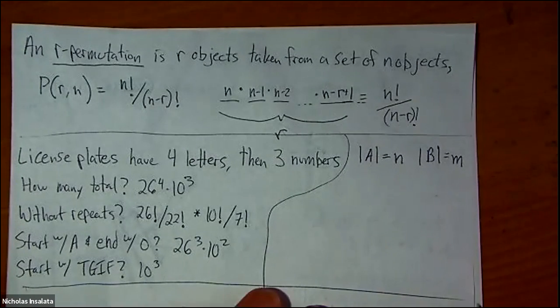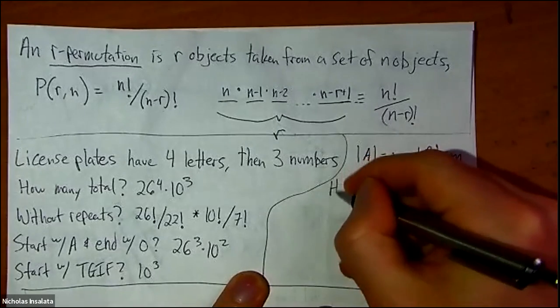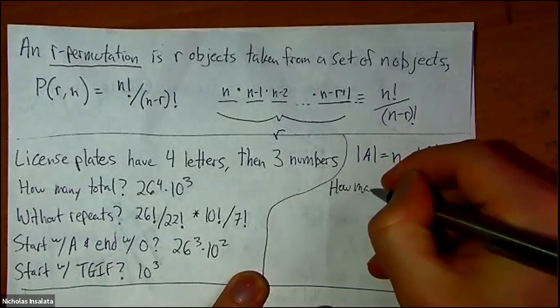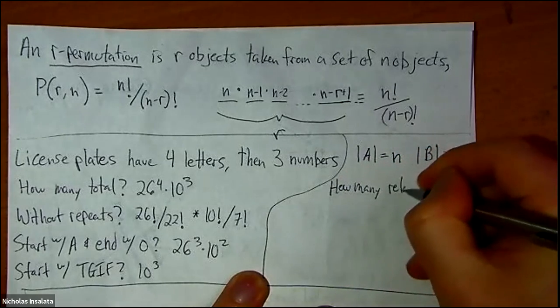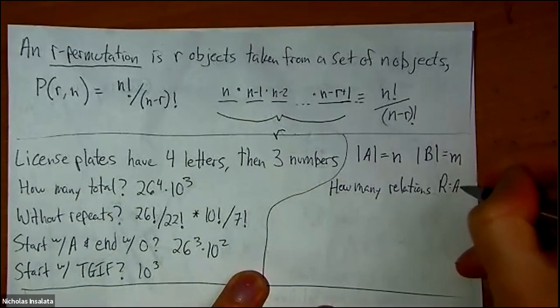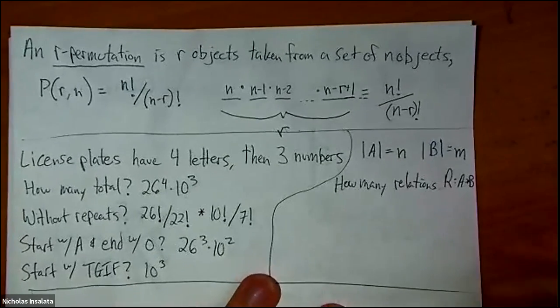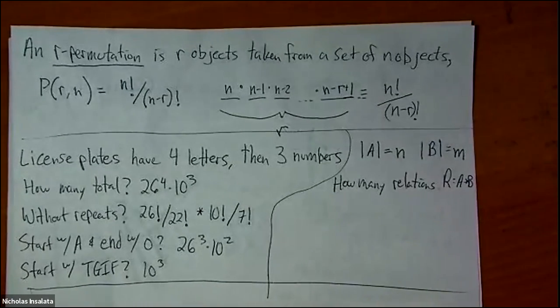How many relations are there from A to B? So first of all, what's a relation from A to B? What does that mean?